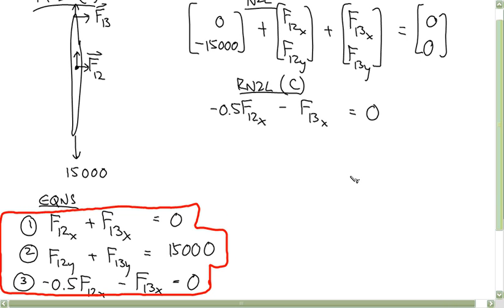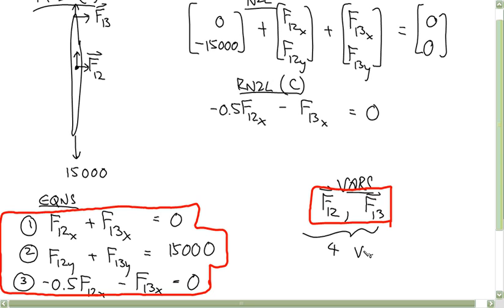And so right now for variables, we have F12 x and y, F13 x and y, and that's it. So 4 variables, 3 equations, so we can't solve for anything yet. Any questions about that member?